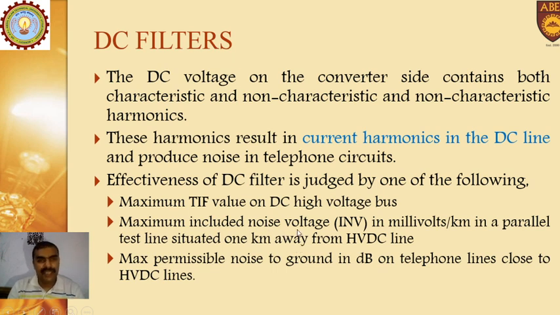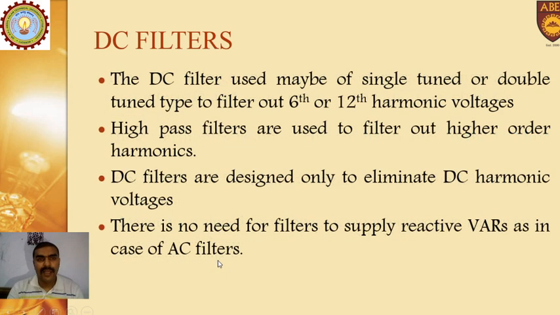Then another is the maximum permissible noise to ground in dB on telephone lines close to HVDC. This is related to telephonic interference. Then the DC filters used may be single tuned or double tuned. High pass filters are used to filter out the higher order harmonics, and DC filters are designed only to eliminate DC harmonic voltage.